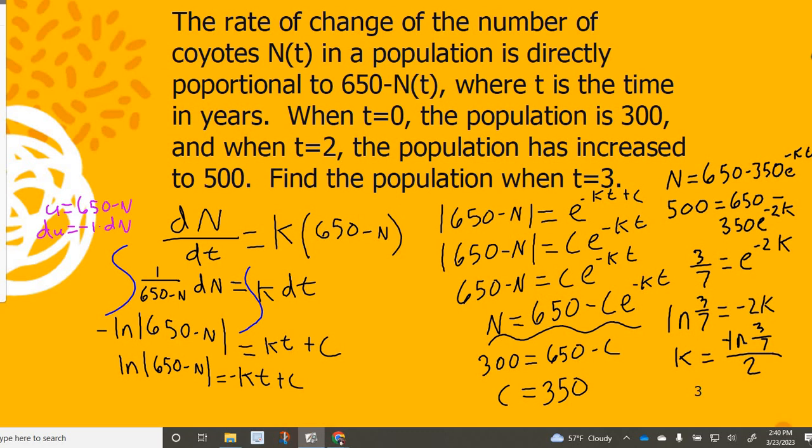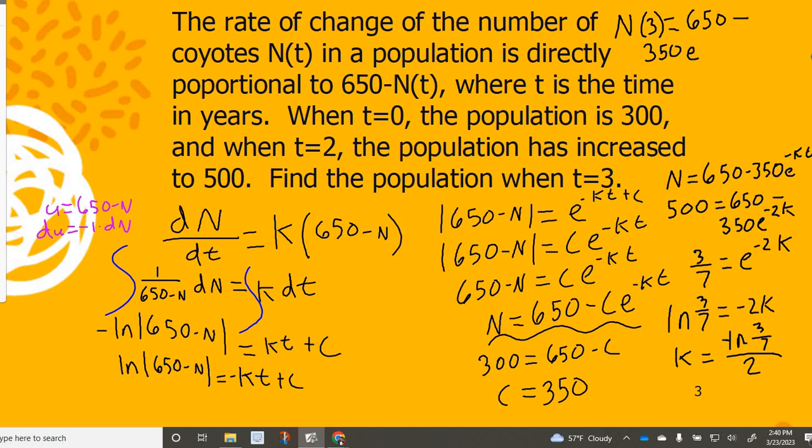And last step. Find the population. So n of 3, I need to plug in all of the things now. 650 minus 350 e to the, because K is negative, wouldn't that make that natural log positive?